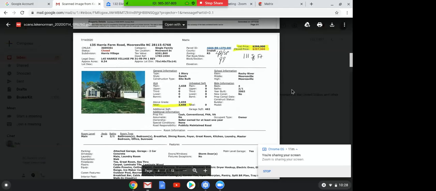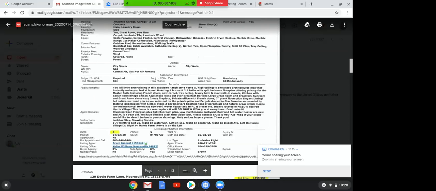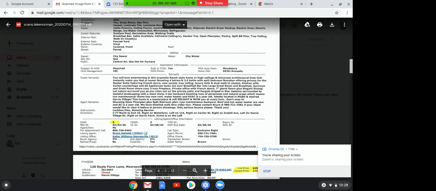To determine the list price to sale price ratio, that's the sale price divided by the list price. That gives you a percentage as to what it sold. And so this property sold for 99% of its list price. 297,500 is 99% of 299,900. And then on the bottom of your MLS sheet where it says DOM, DOM is days on market, 5 days on the market. Pretty quick, huh?